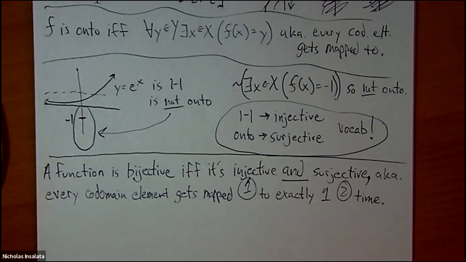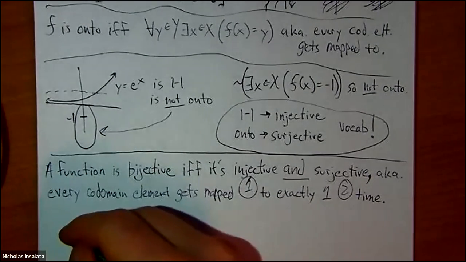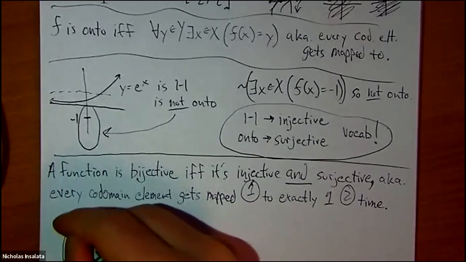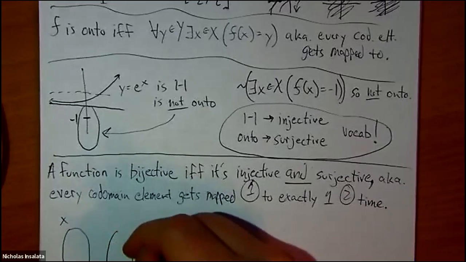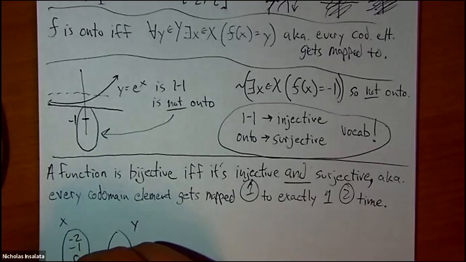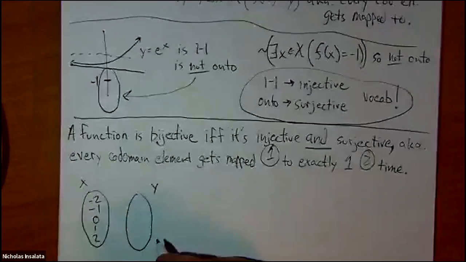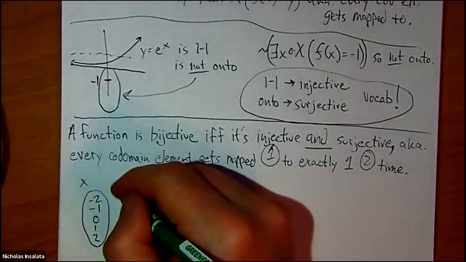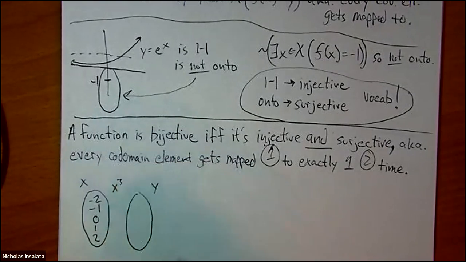So for example, let's do Jad's example, x cubed. So if I have here's my x, here's my y, I have -2, -1, 0, 1, and 2, and I have x cubed is my function.